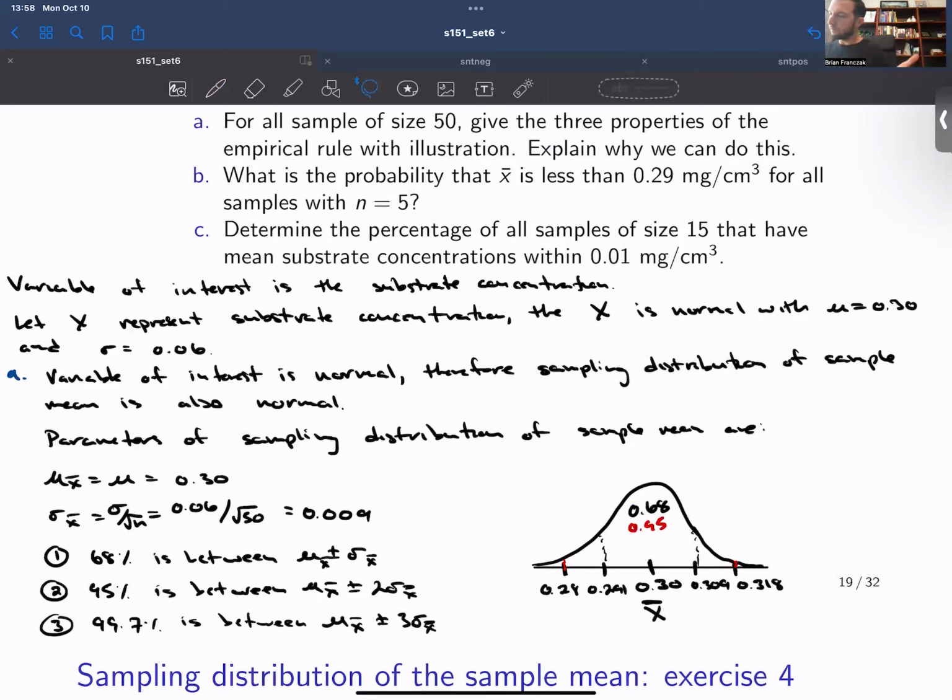All right, and then if I move 3 standard deviations from the mean, so I'll just sketch those kind of over here somewhere. Okay, kind of on the tail edge. So that's going to be 0.273 on the lower end. Okay.